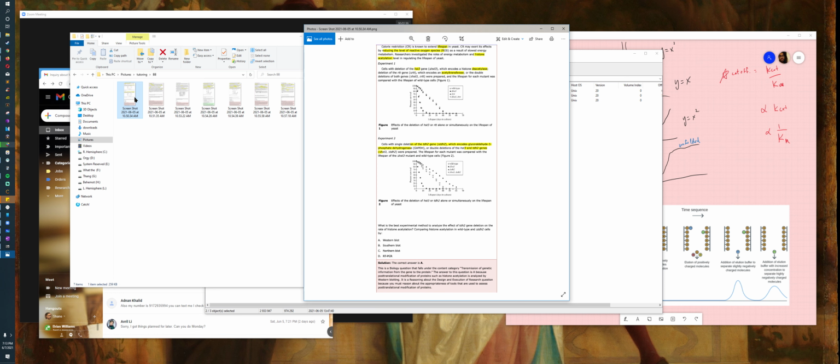Okay, so I see the calorie restriction one. The best experimental method to analyze the effect of TDH2 gene deletion on the rate of histone acetylation. It should be the one that lets you see the change in proteins. Right. So I eliminated C and D because those deal with RNA.